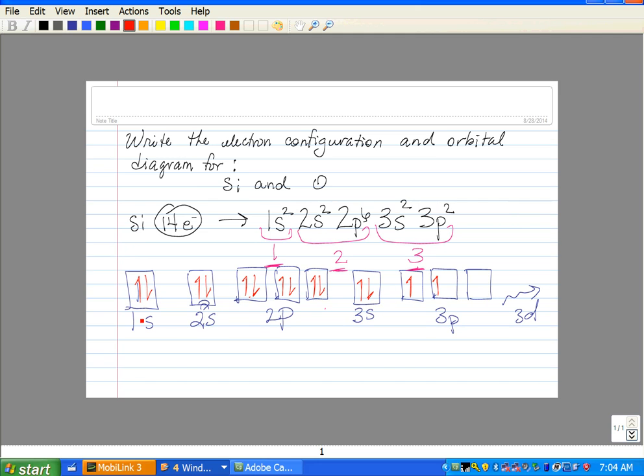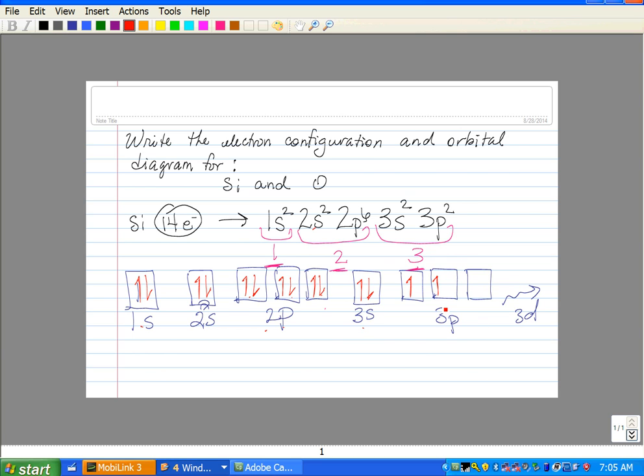So this is the orbital diagram for the silicon atom. It has 2 electrons in the 1s, same thing as we see here in the electron configuration. It has 2 electrons in the 2s. It has 6 electrons in the 2p. It has 2 electrons in the 3s, and it has 2 electrons in the 3p.